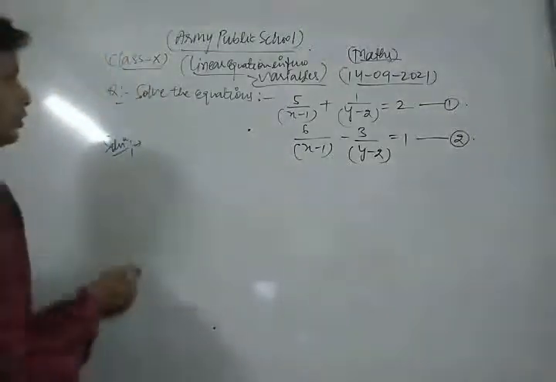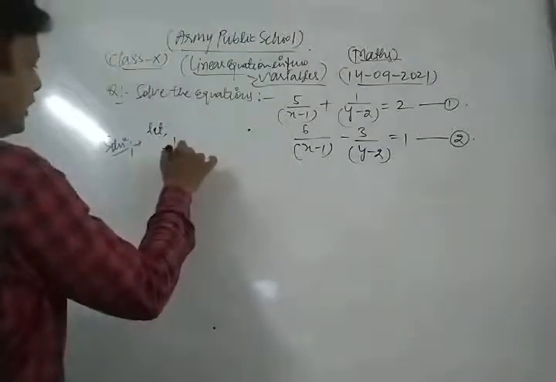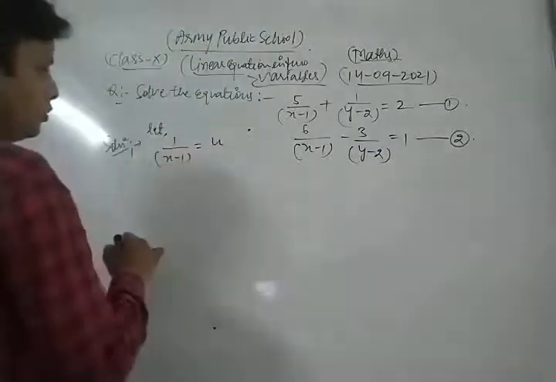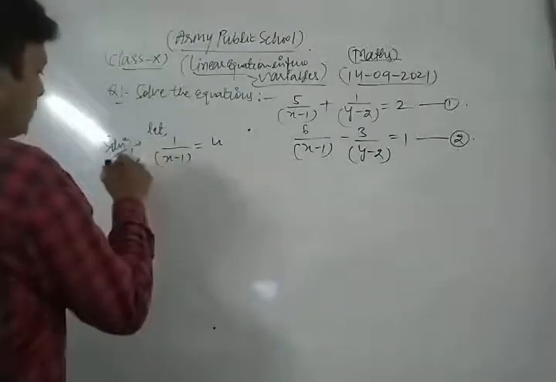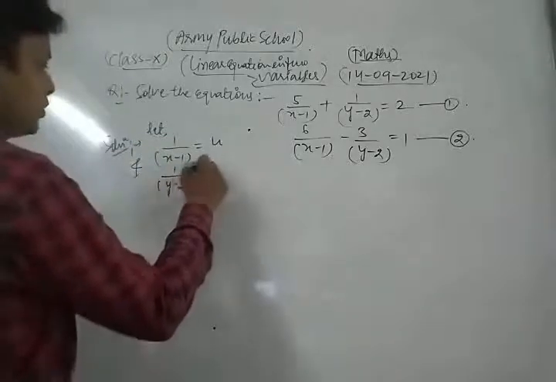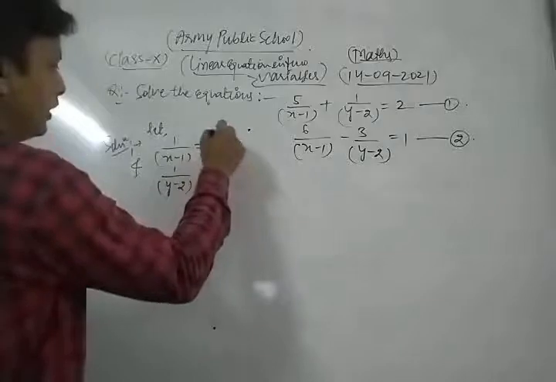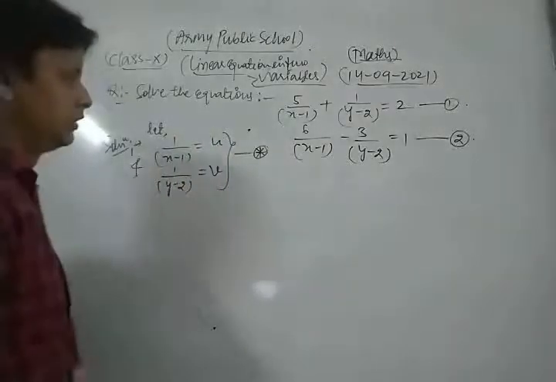Let's see. First of all, let 1 upon x minus 1 is equal to u and 1 upon y minus 2 is equal to v. We call this equation star.